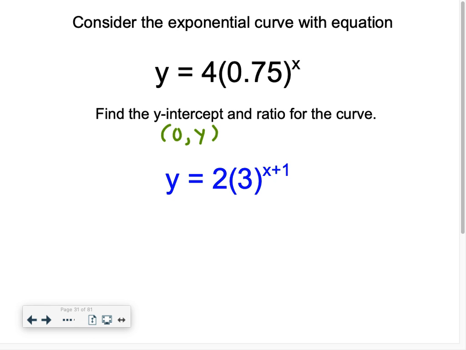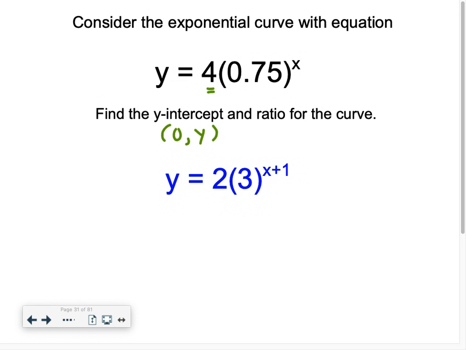So if you go up to this equation here, if I plug 0 in for x, anything to the 0 is 1. So this is really 4 times 1, and my y-intercept is 4. Well, note, if I erase all of this, my initial value is 4. So when you have an untranslated, you know, I'm not shifting it or anything like that, your starting value, otherwise known as your y-intercept, is that initial value 4.